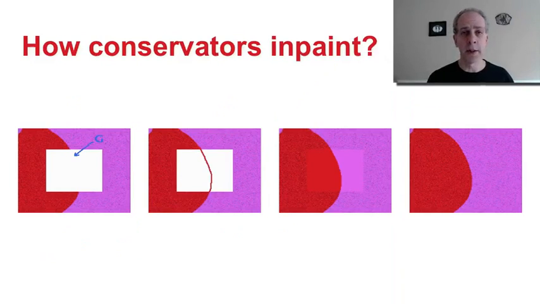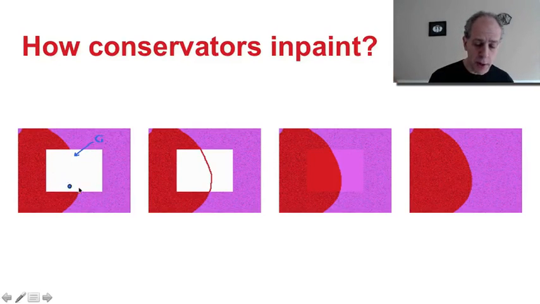When I personally started working on image inpainting with my group, we visited a professional restorator, a professional curator at the Minneapolis Institute of Arts. And we asked this person, how do you inpaint? How do you restore? And it's very interesting because they were doing it the way that children draw. And here is the illustration.